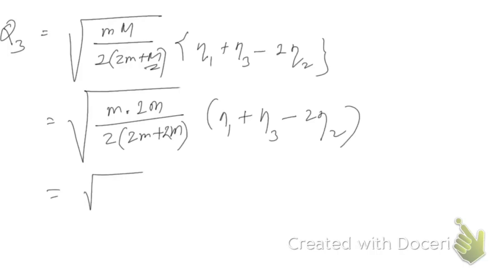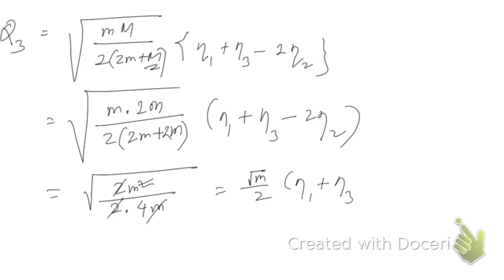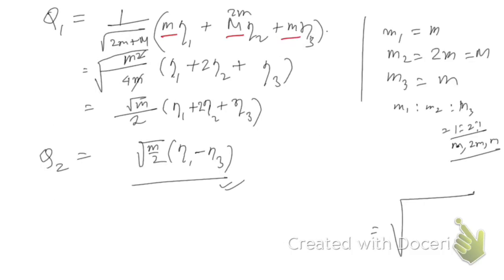So 2m square divided by 2 into 4m, so m cancels m square and the 2 is gone. So we end up getting root over m by 2 (eta 1 plus eta 3 minus 2 eta 2). So these are the normal coordinates q3, q2, and this is q1, right? Hope you have understood this. Thank you for watching. See you in the next video. Bye bye.